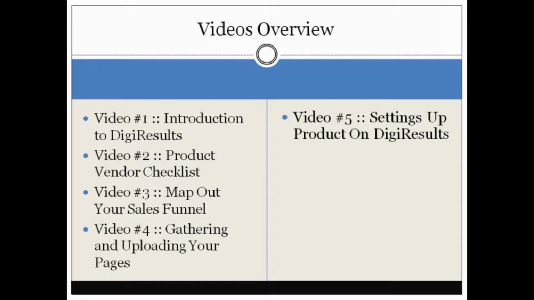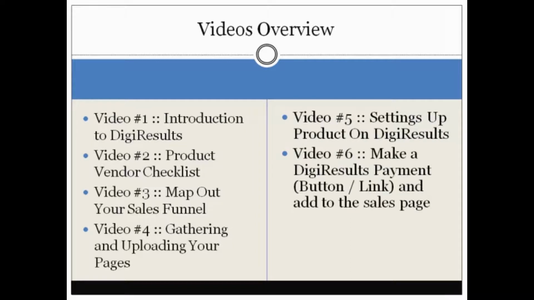And video number 5 is setting up your product on DigiResults. So once you have everything from videos 2, 3, and 4, setting up the product on DigiResults is actually very, very easy to do. And you'll be amazed because this process should only take about 10 to 15 minutes max. Video number 6, I'm going to show you how from that point to get the DigiResults payment link or button. So if you want to use their buttons, you can do that.